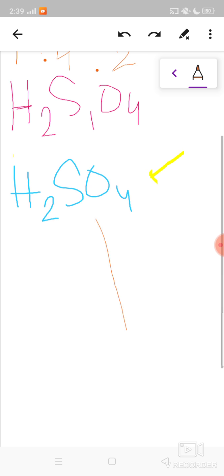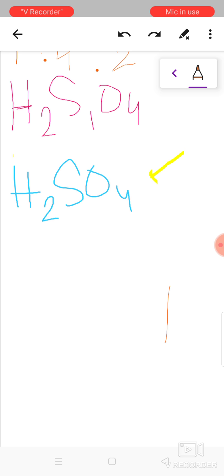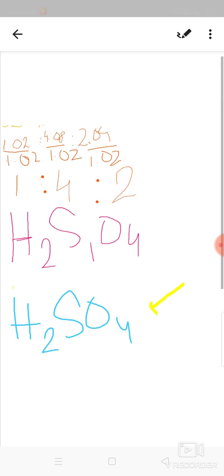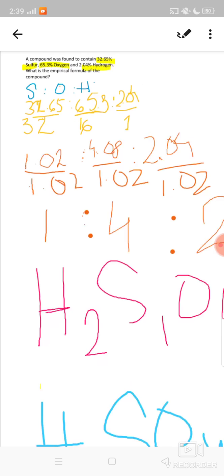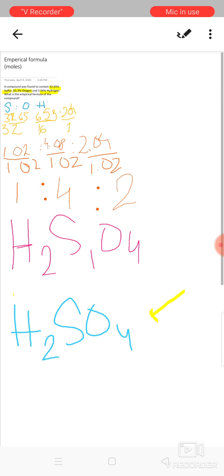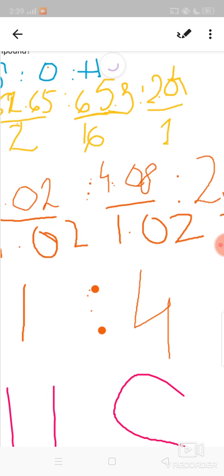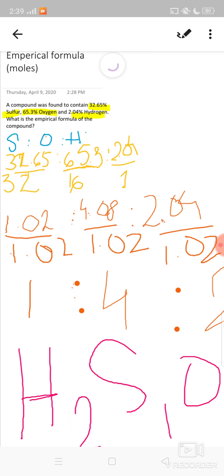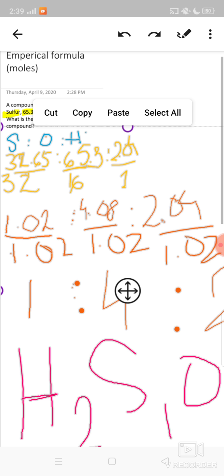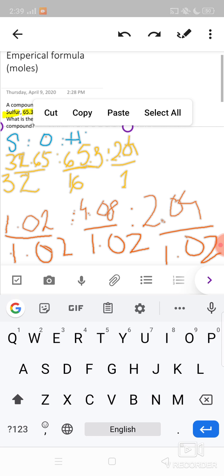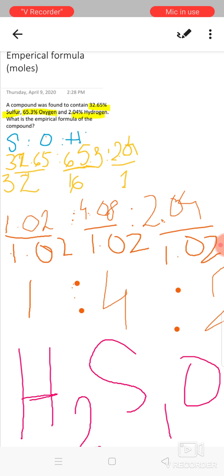A compound was found to contain 32.65% of sulfur, so we did 32.65 over here. Oxygen was 65.3, so we did 65.3 divided by 16, and hydrogen was 2.04, which we divided by 1.